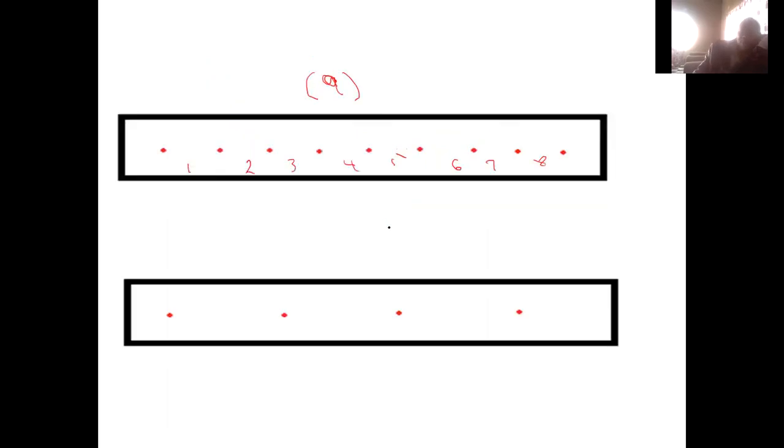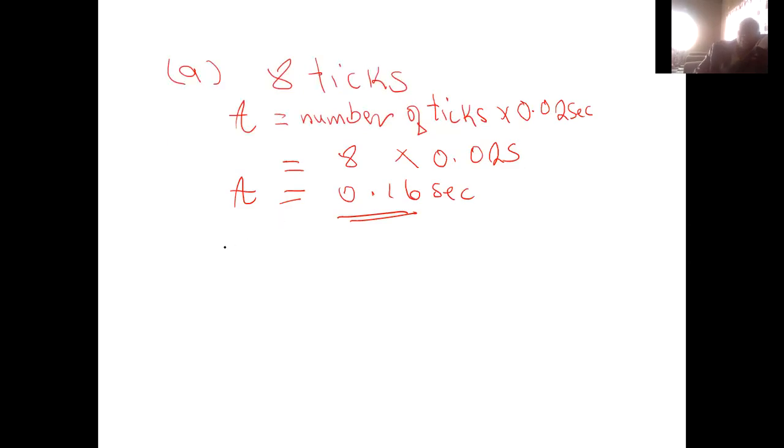For part B, we need to know how many ticks there are. 1, 2, 3. And therefore, B has 3 ticks. What is the time interval between the first tick and the last tick?